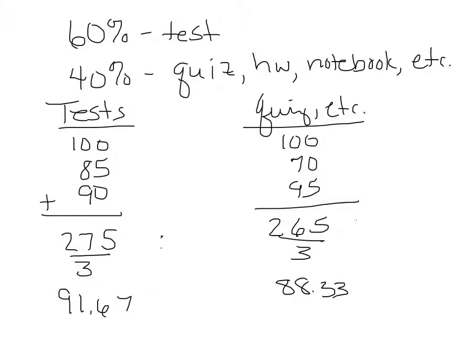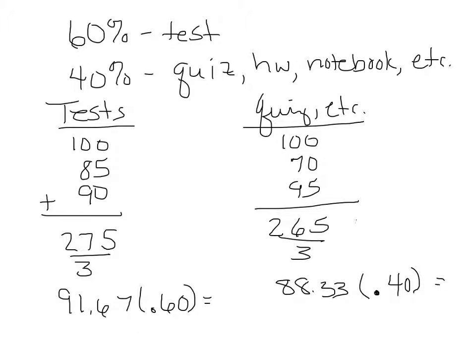But I don't just add those two together and divide by 2. That does not turn out to be my average. I take what I made on my test average and multiply it by 60%, because tests are worth 60%. Then I take my quiz average and multiply it by 40%, because that's what they're worth.